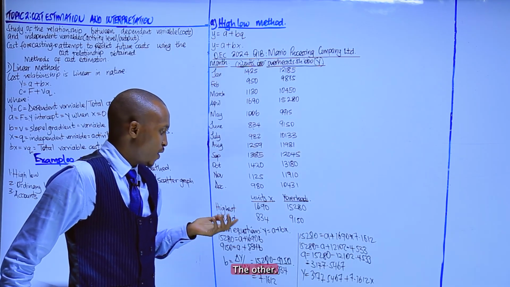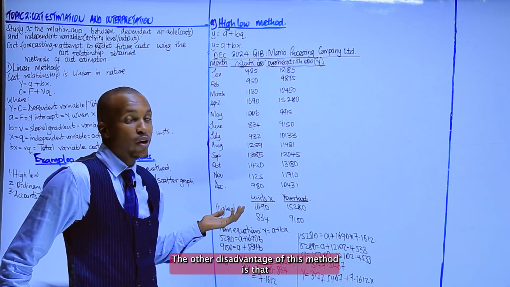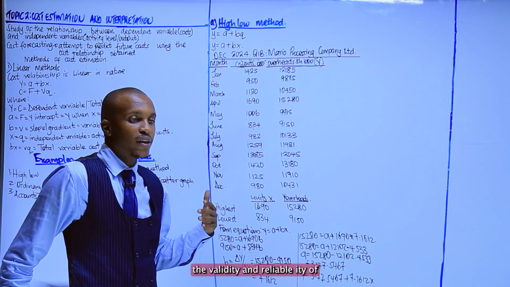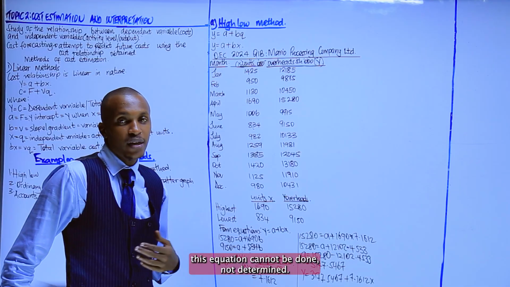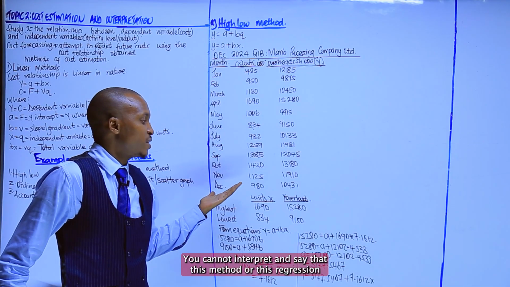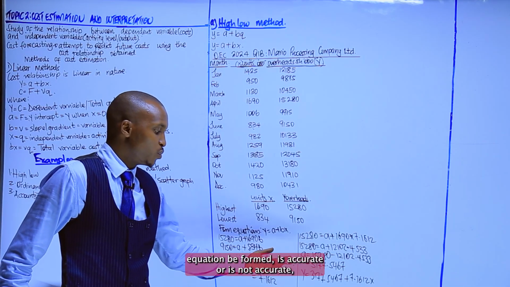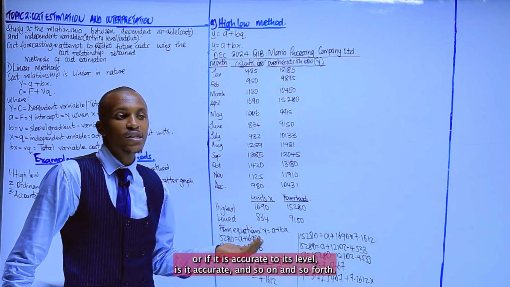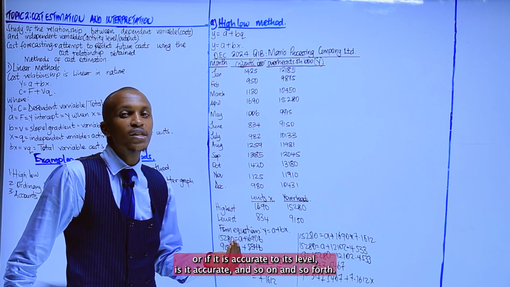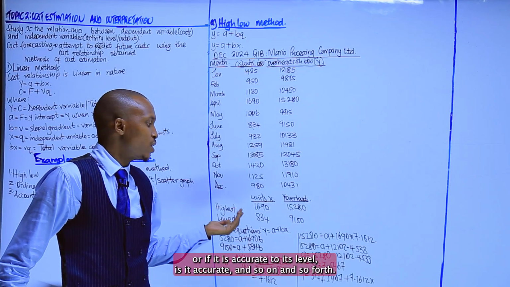The other disadvantage of this method is that the validity and reliability of this equation cannot be determined. You cannot interpret and say that this regression equation we formed is accurate or is not accurate, or if it is accurate, to which level is it accurate, and so on and so forth.